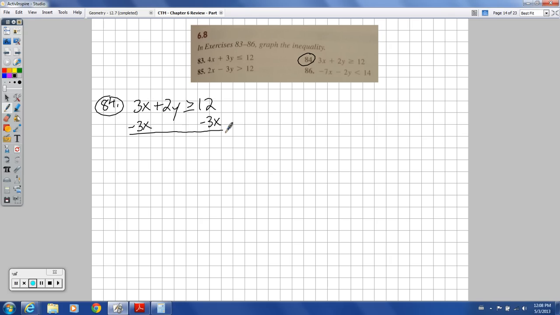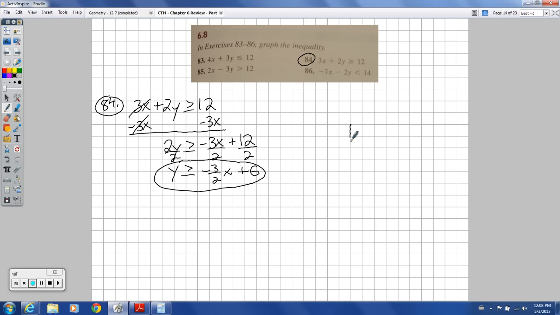Slope-intercept form is definitely the best way to do these kinds of problems, I think. Pretty much any graphing problem, in my opinion at least, it's the easiest way to graph things almost without fail. So divide everything by 2 here, and you'll have y greater than or equal to negative 3/2 x plus 6.